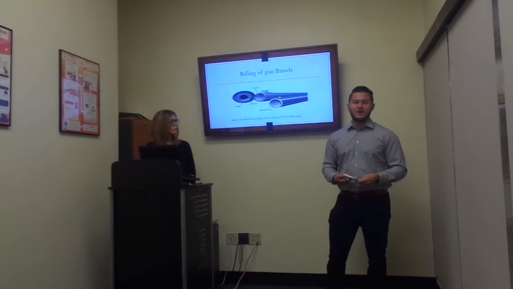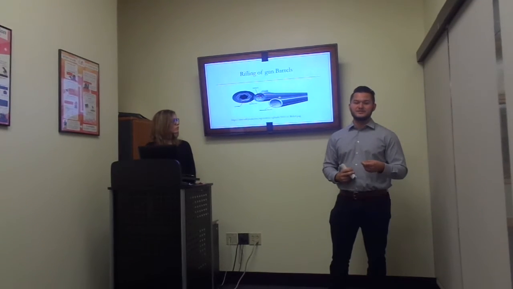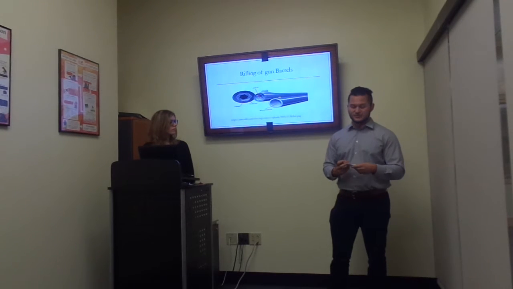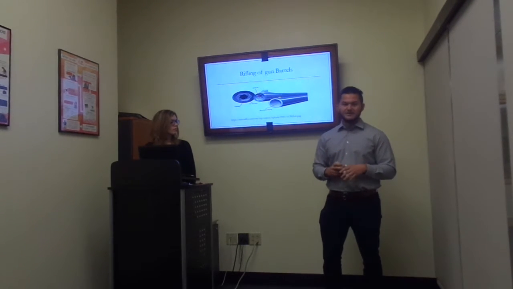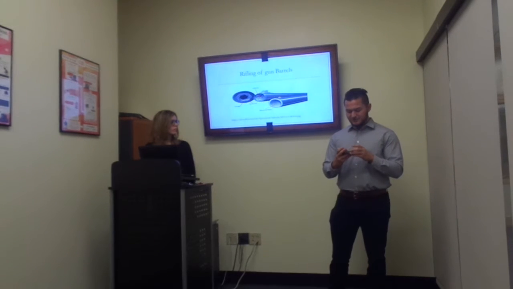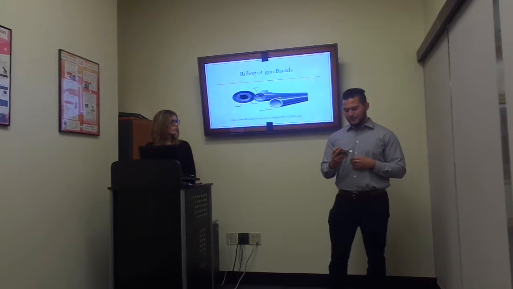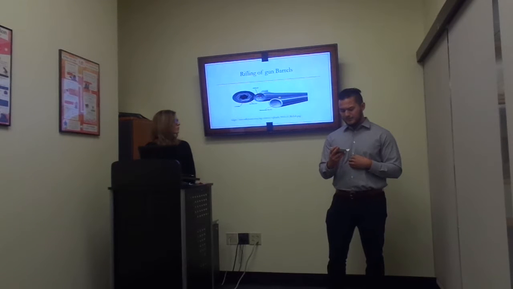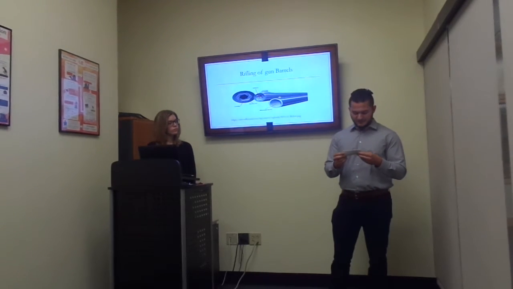So why does the rifling and the spinning of the bullet stabilize it as it travels? The spinning of the bullet creates gyroscopic motion, and according to gyroscopes.org, a gyroscope is a rotating wheel whose axis is free to turn but maintains a fixed direction unless acted on by an outside force.